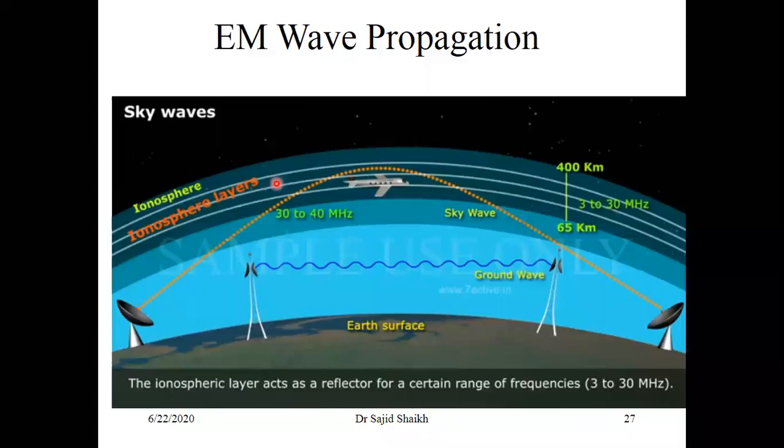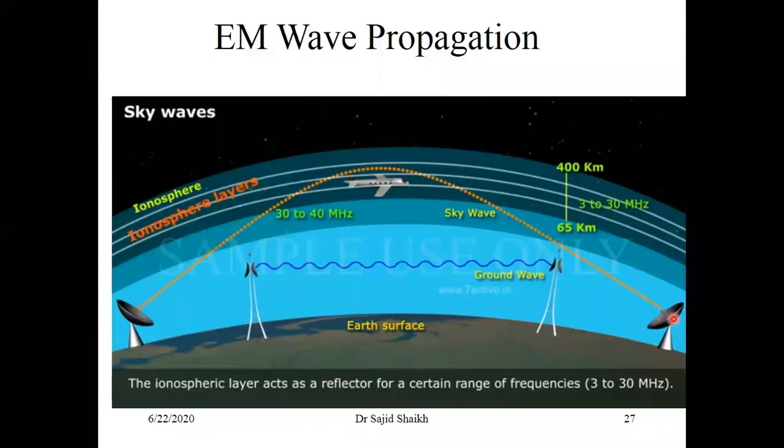In this diagram, if we transmit the electromagnetic waves, they travel through the atmosphere towards the ionospheric layers. These ionospheric layers have the property to reflect the electromagnetic waves, so they reflect them and we can receive the signal at the receiver station or destination.